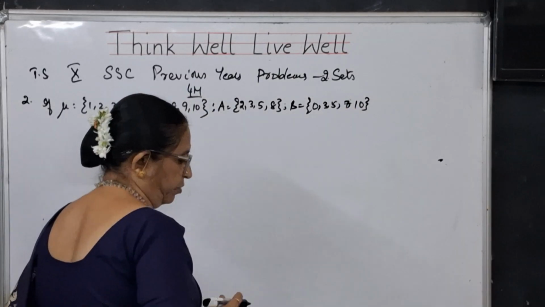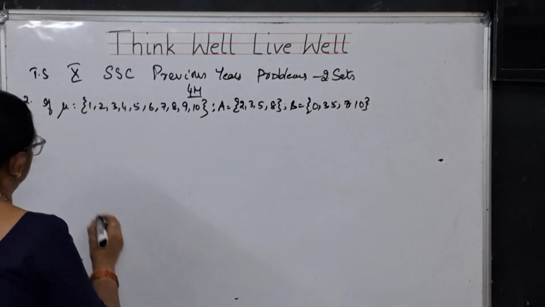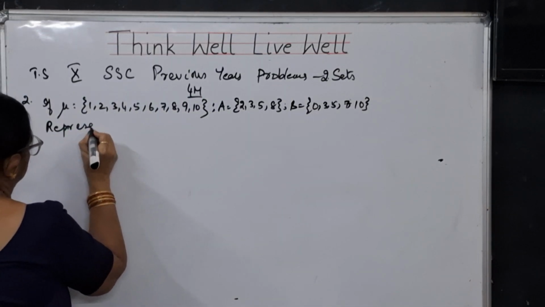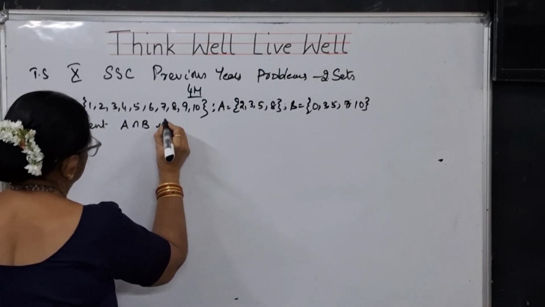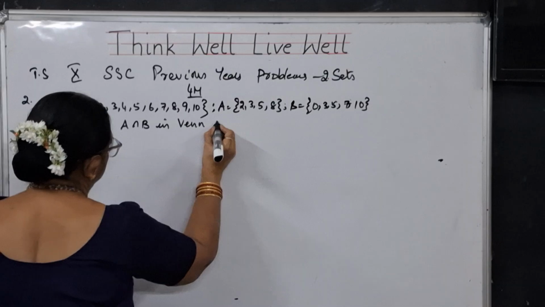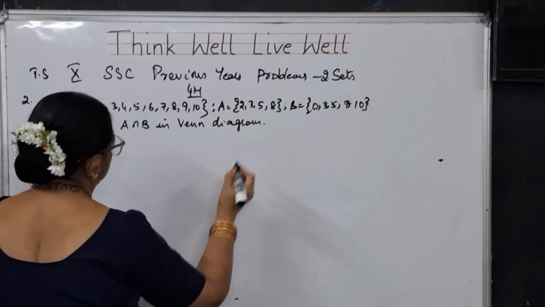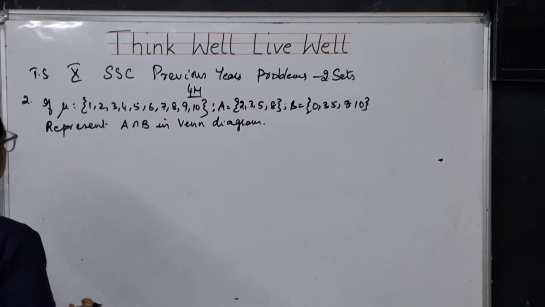These are B values. Now, then represent A intersection B in one diagram. How will you represent A intersection B in a Venn diagram?